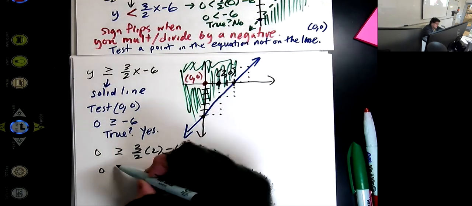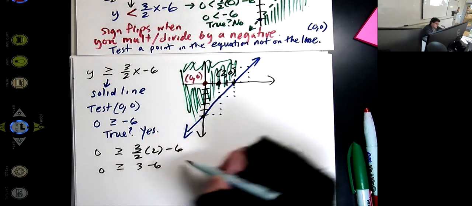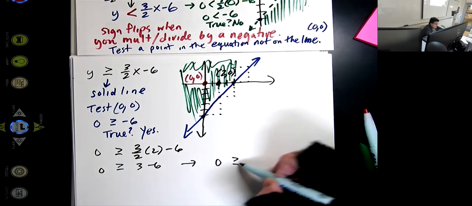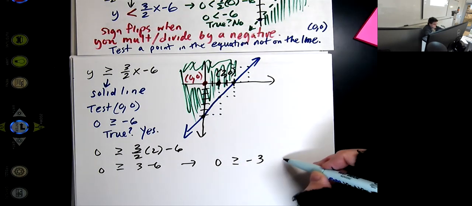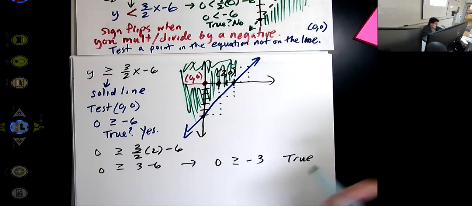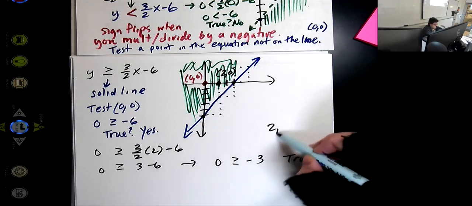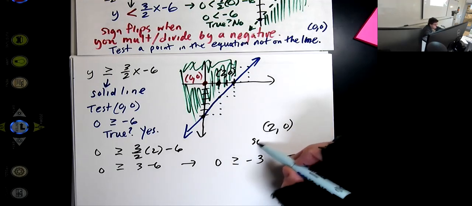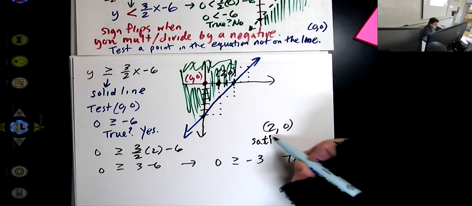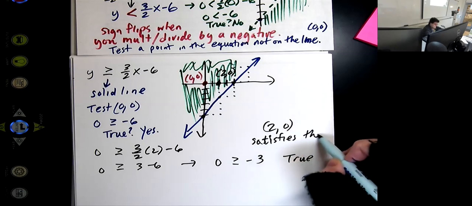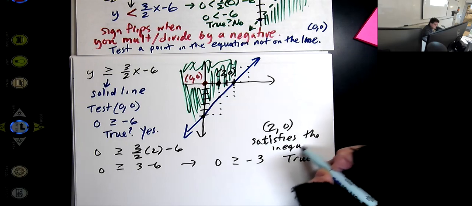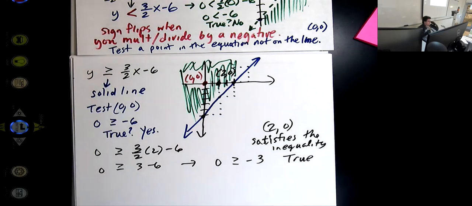This is 0 is greater than or equal to 3 minus 6, so 0 is greater than or equal to -3. This is also true. So that point, (2, 0), satisfies the inequality. Anything on that side of the line will satisfy it.